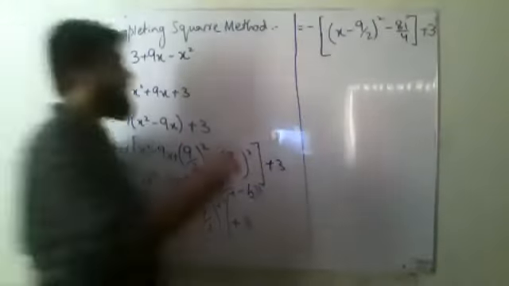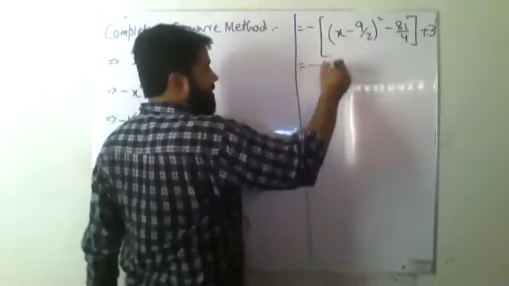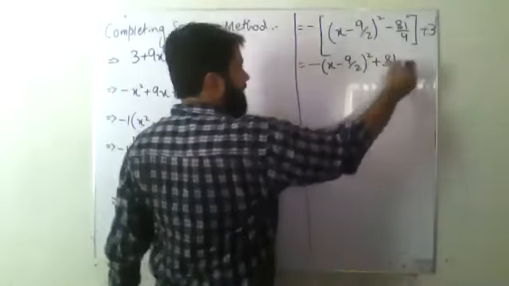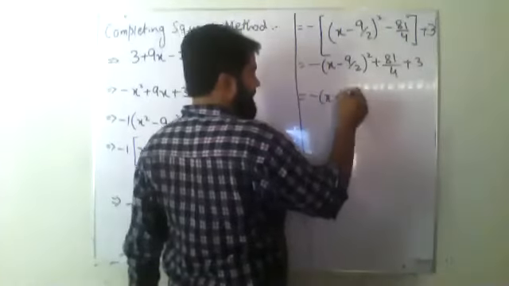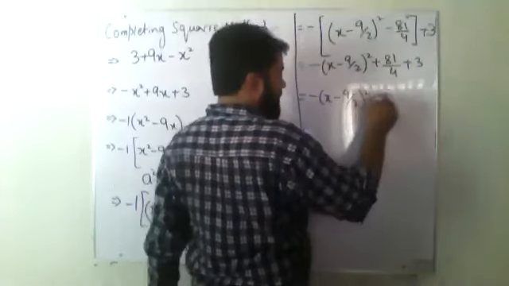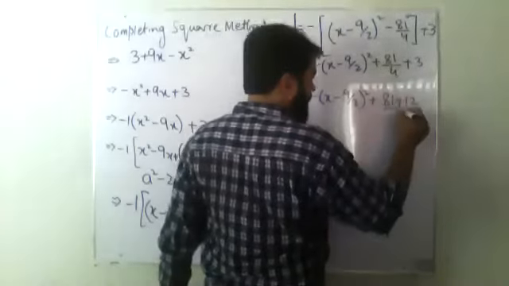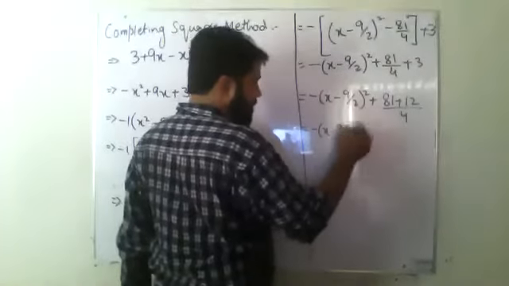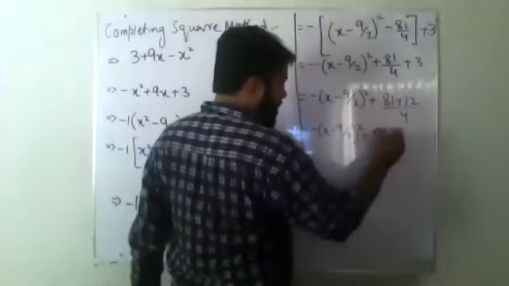After this, I am bringing the minus sign inside the bracket: minus x minus 9 over 2 whole square plus 81 over 4 plus 3. Taking LCM, minus x minus 9 over 2 whole square plus 81 plus 12 over 4. This will become 93 over 4.